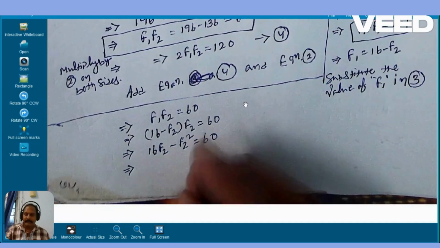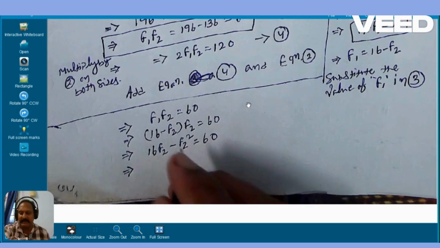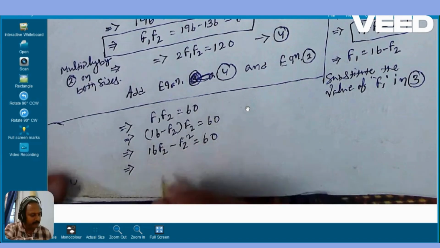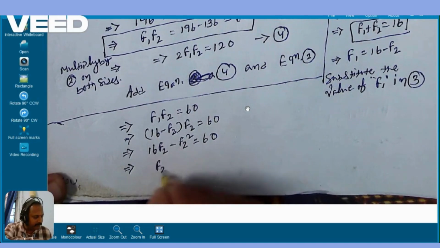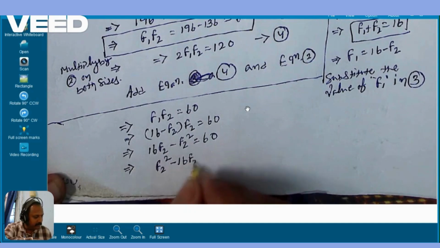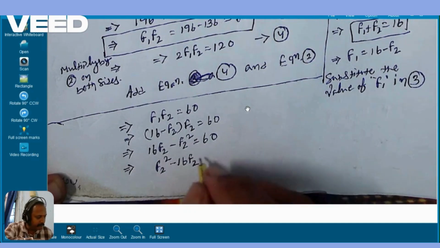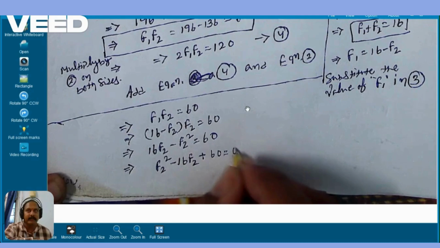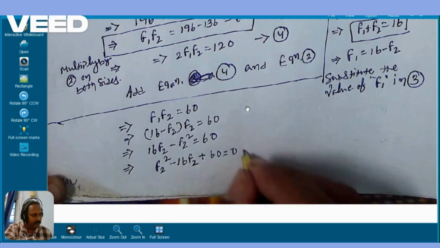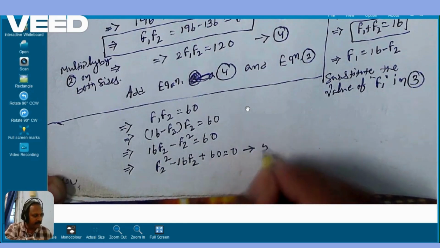Let me try to convert it into a quadratic equation. So that is f2 square minus 16 f2 plus 60 is equal to 0. Okay, so this is your equation 5.